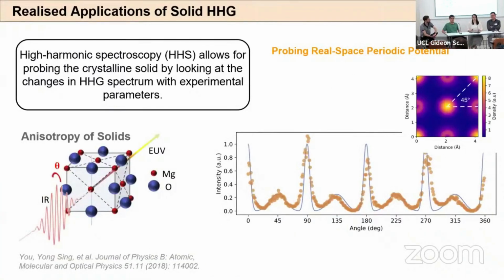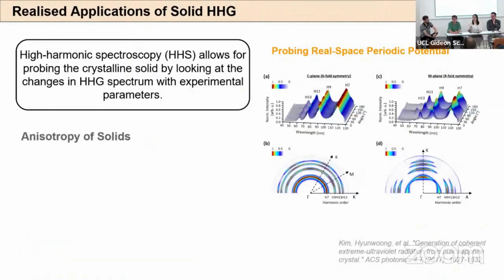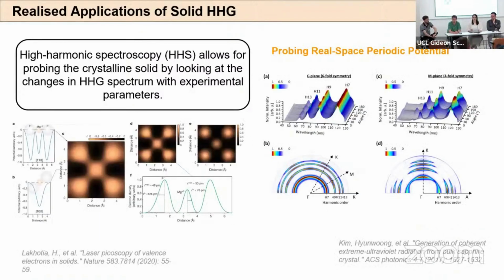So obviously, we've probably all seen this kind of static measurement with high harmonic generation, where different groups were able to reproduce the real lattice periodic potential of our crystals. That has been done in multiple samples, and this is a well-established technique.